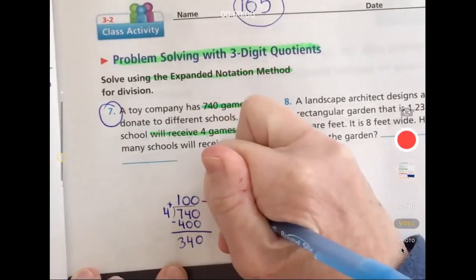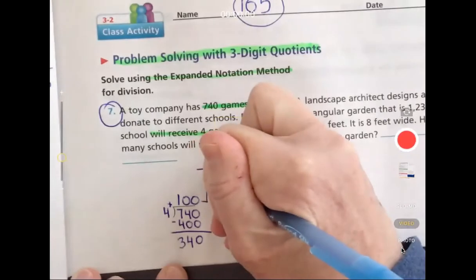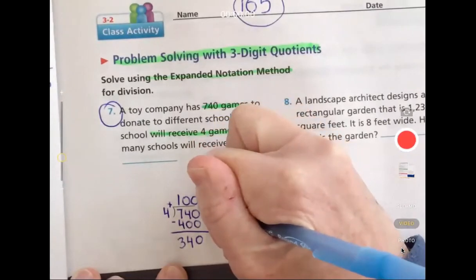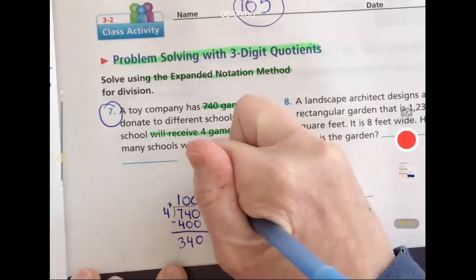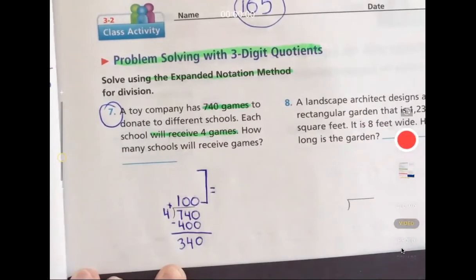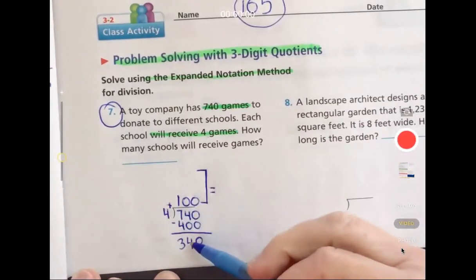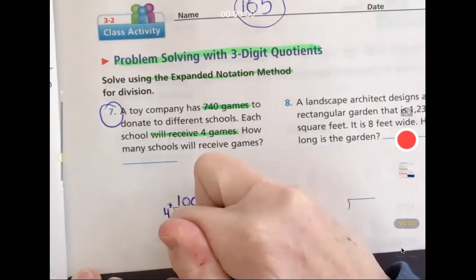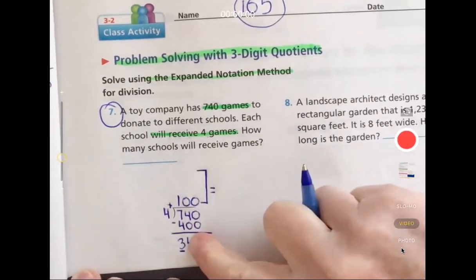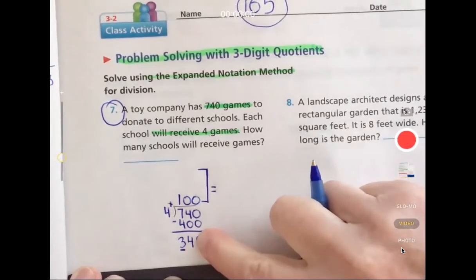So this is where we're going to be building our expanded notation up here on the top. This will turn into that missing factor. This will be the answer up here. Okay? So now I'm thinking down here, well, 4 times what can get me really close? 3 is not big enough, so I have to let out another digit.